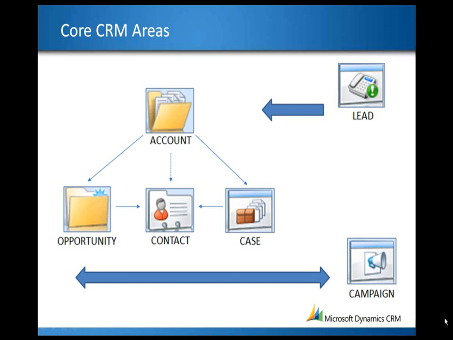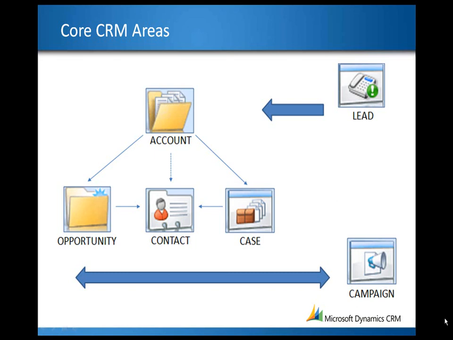Now, typically within an organisation, we'd like to sell to a company our products and services. So within Dynamics CRM, we can keep track of as many opportunities as we wish, connected back to our accounts and to our contacts. Within an opportunity, I can keep track of forecasting information, keep track of the products and services I'm hoping to sell, and also attach in items such as workflow, so we can put a checklist to guide our salespeople through the steps and stages that we need to do to close that opportunity.